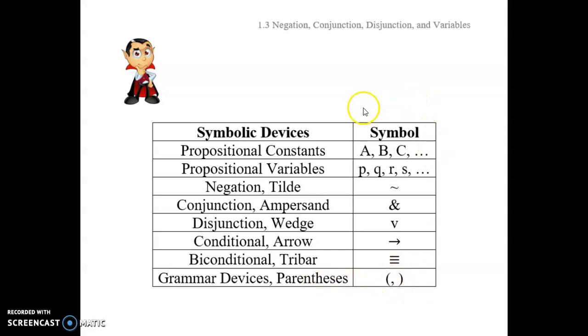So don't be super discouraged if you don't get everything about negation, conjunction, and wedge today, because we're going to do that in section 1.4, and then we're going to be covering all of this stuff, especially when you get into the grammar devices. How to symbolize properly will be a sort of prolonged study for us.